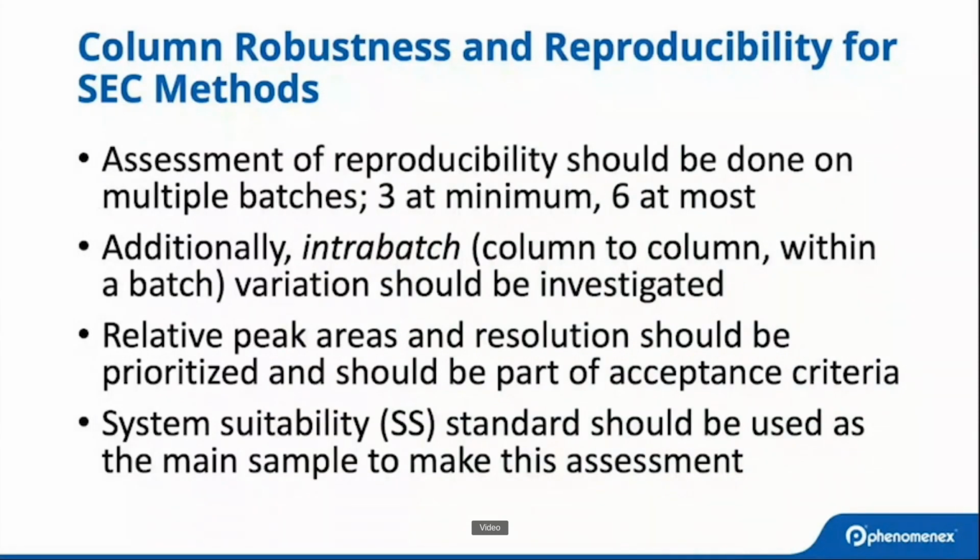Now, regarding what parameters to look at, relative peak areas and resolution are most critical, and probably should be some of the ones that are included in this study. And recommendations for system suitability should also really be decided at this point. So defining what the gold standard for your protein mix is, to allow you to really ascertain that you have that.